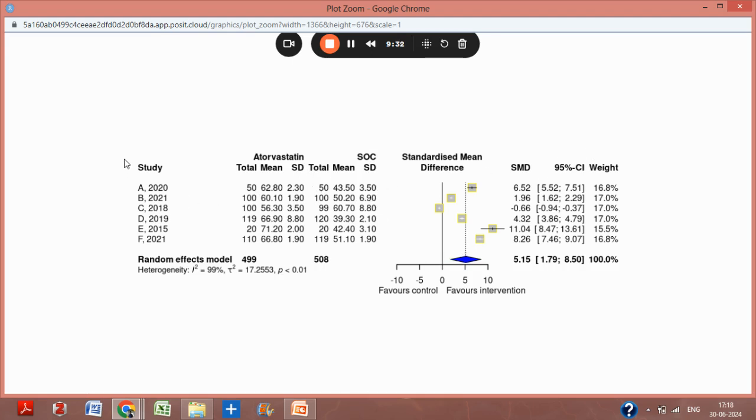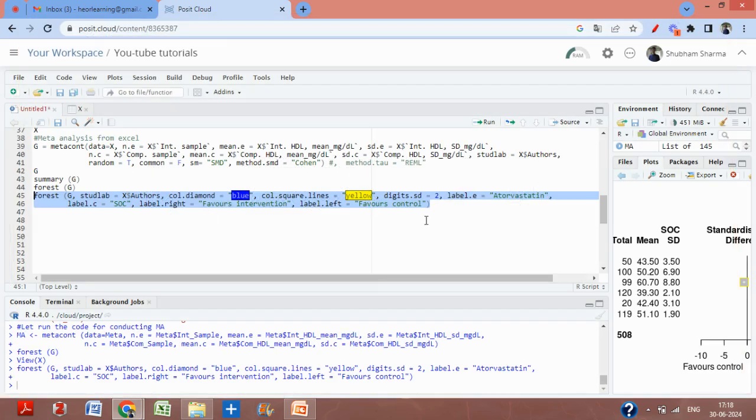So yeah, now what we're going to do is understand what elements are reported in this forest plot. So you need to watch it in continuation with the previous one, then only it will be helpful.